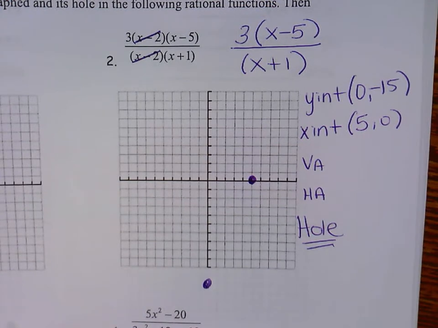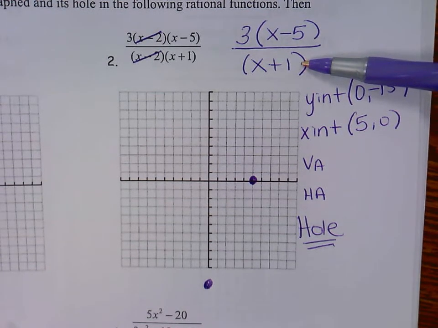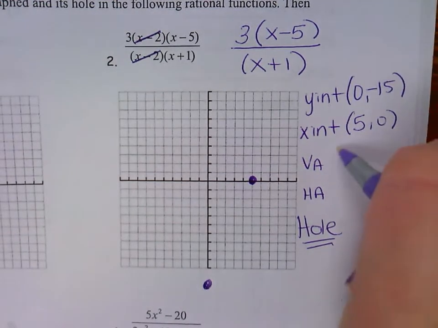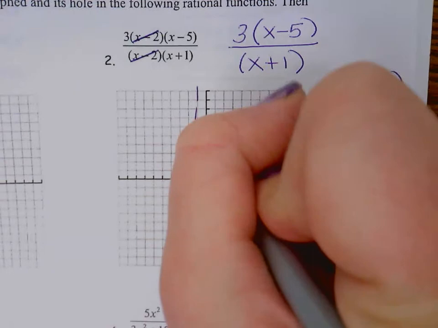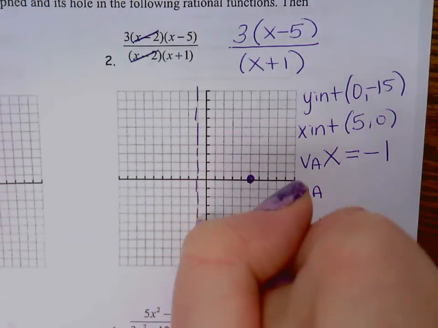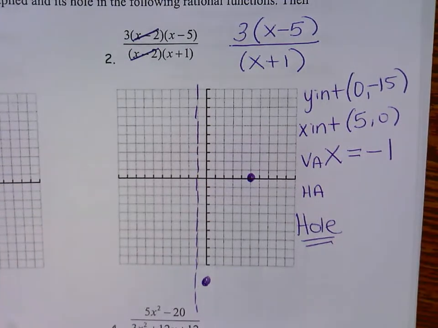What would make the denominator undefined? When x is negative 1. So that's my vertical asymptote. X equals negative 1, vertical line. So I can see that that elbow is going to run down parallel to that vertical asymptote.